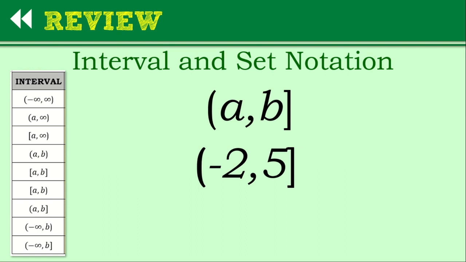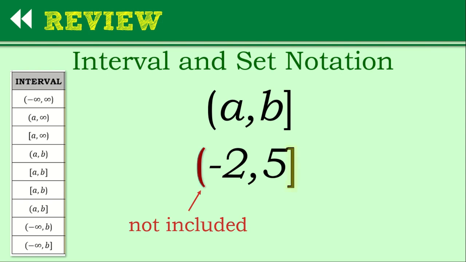So what do you mean by this? When you see this symbol, which is a rounded bracket, for the parenthesis, it means that the first number, in this case -2, is not included in our solution set.